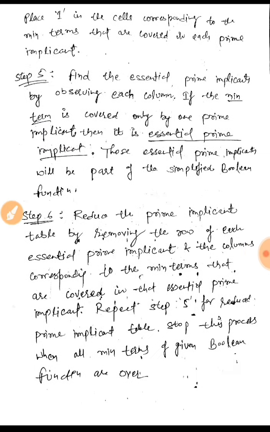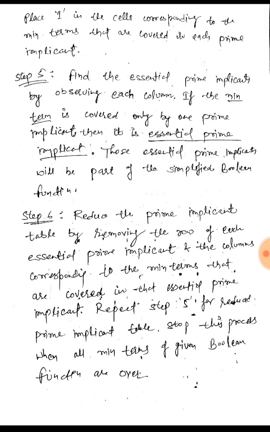Then place 1 in the cells corresponding to the minterms that are covered by each prime implicant. Then in step 5, find the essential prime implicants by observing each column.